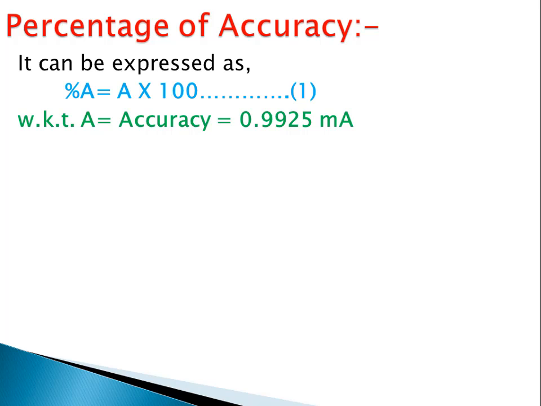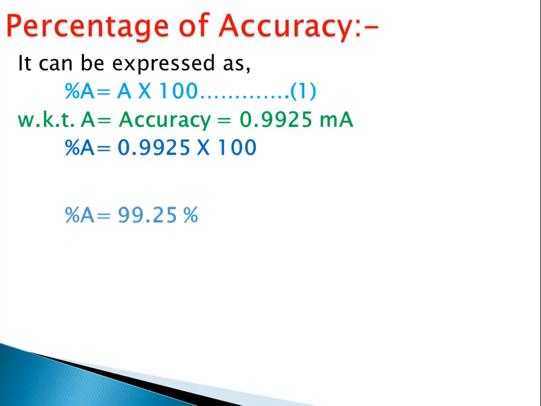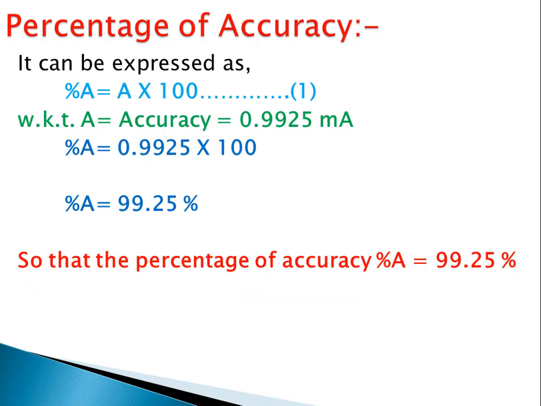Now substitute the value of relative accuracy, 0.9925, in the above equation. So the percentage of accuracy is equal to 0.9925 × 100. So here the percentage of accuracy in this problem is equal to 99.25%. This is how we can find the percentage of accuracy in the given problem.